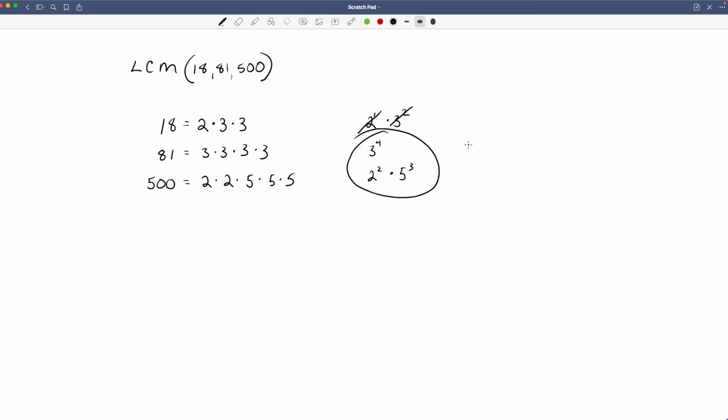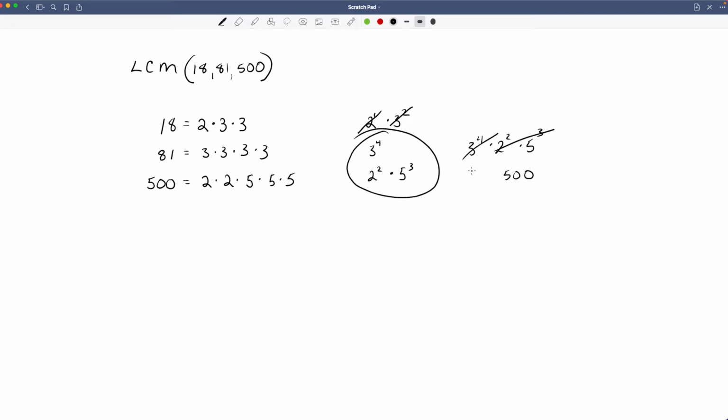So all we have to do is multiply 3 to the 4th times 2 squared times 5 cubed. Now we already know what 2 squared times 5 cubed is because it is right here, 500. So we can just cross that out and say 500. And we also know what 3 to the 4th is because it's right here, it's 81.